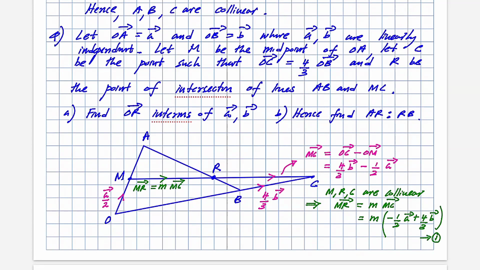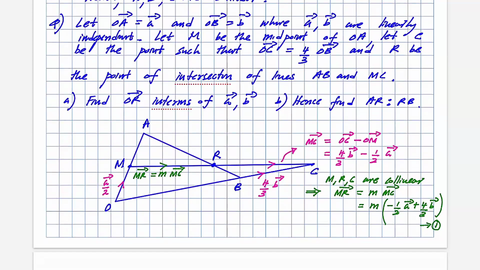Right? So once you have MR, the question is to find OR. So OR is this guy. Now you can see that OR vector is equal to OM plus MR, which is vector addition.